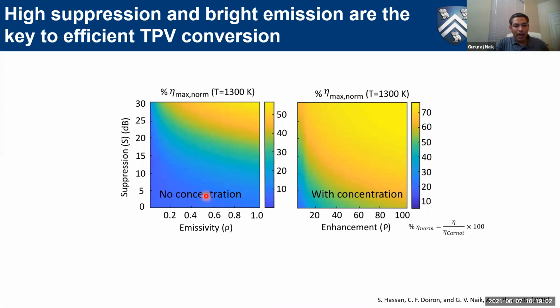So if we go from 5 dB to, let's say, 15 dB, my efficiency clearly goes from about 10% to 30%. That's a huge jump, right? So suppression is a very powerful parameter that controls the overall efficiency of the system.